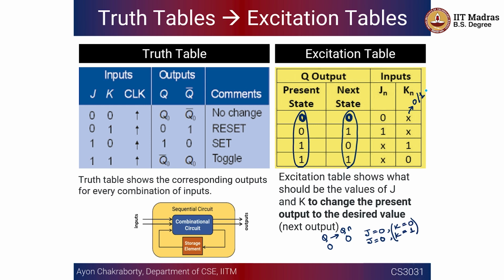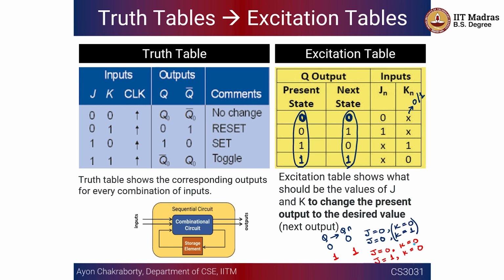Similarly, the same thing is going to be reflected in the 1 and 1 case, right? So let me show this 1 and 1 using this ink. This is 1, this is 1. This could be either a memory hold, so j equal to 0, k equal to 0, or it could also be the case that you are trying to put j equal to 1 and k equal to 0.